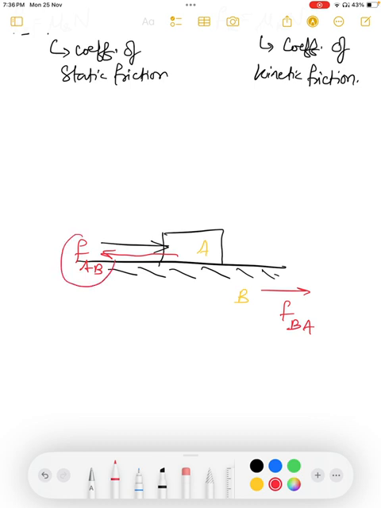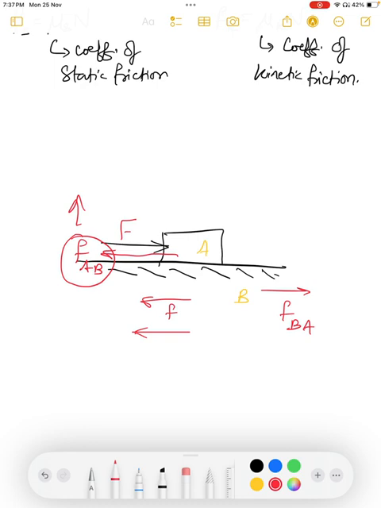So initially, when you apply a little amount of force, say capital F, this is varying. So you get an opposing force, small f. You increase the capital F, still the frictional force increases.